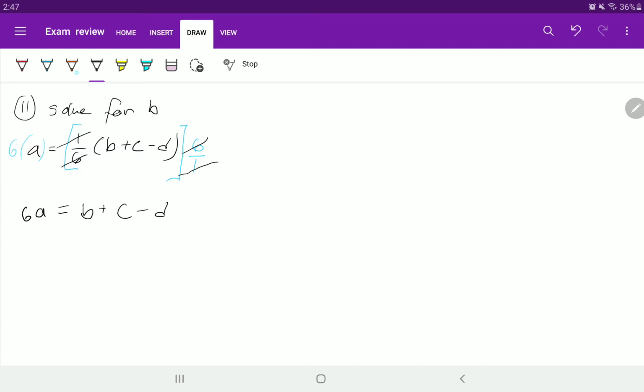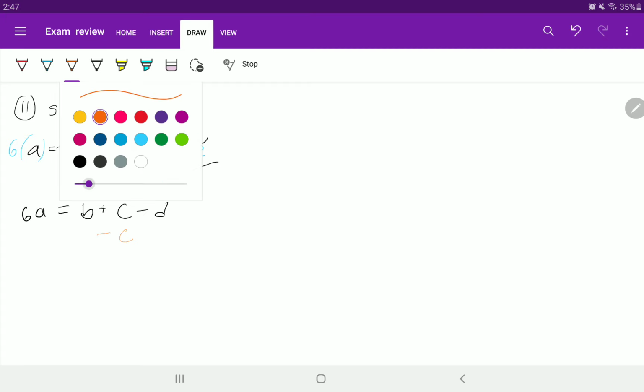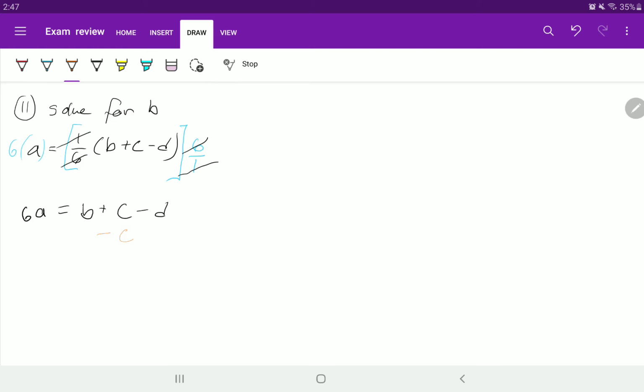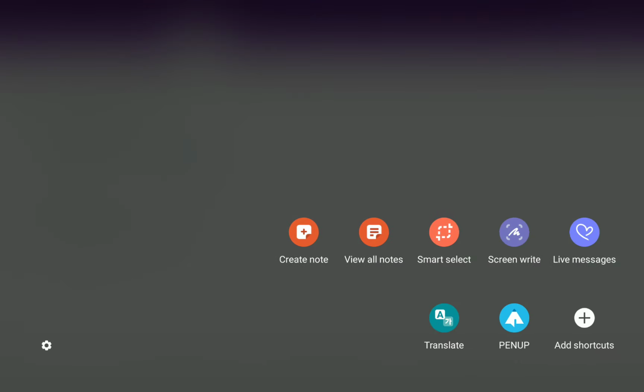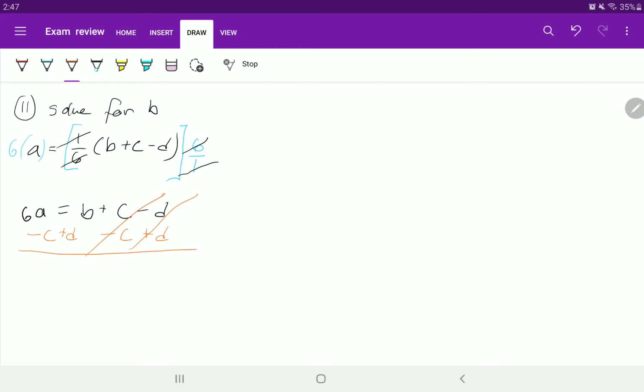To get b by itself, we're going to subtract c from both sides, and then add d to both sides. So the c is gone, d is also gone, and we're left with 6a minus c plus d equals b, or b equals 6a minus c plus d.